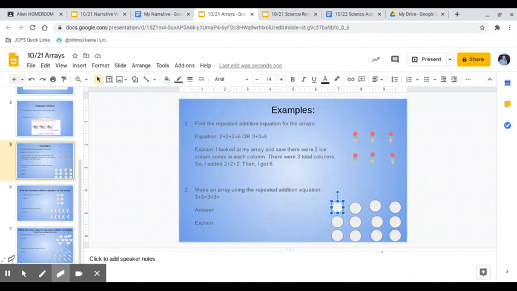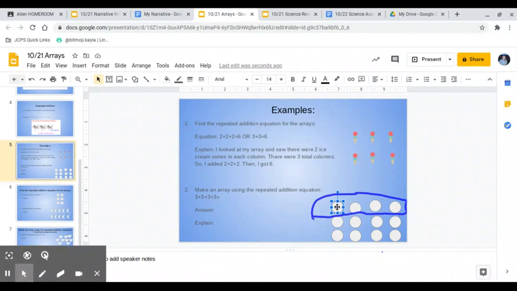So this way, I'm going to make it to where I have 3 in each row. So if I want 3 in each row, right now if I look at my rows, I see I have 4 in each row. I want to make that 3. So I'm going to take one of them out. I now have 3 in a row. I'm going to move this one to match it. I'm just going to put these up top. Move this one.